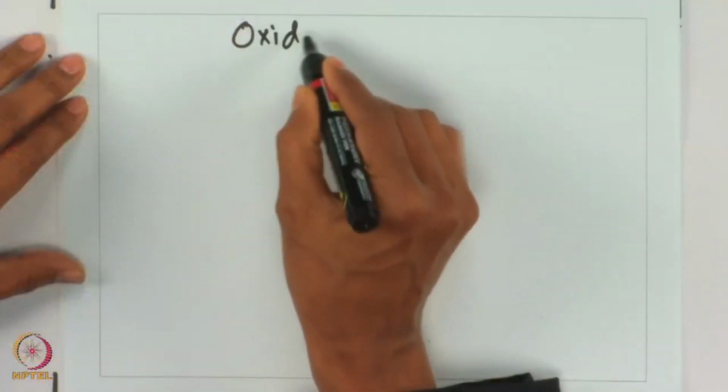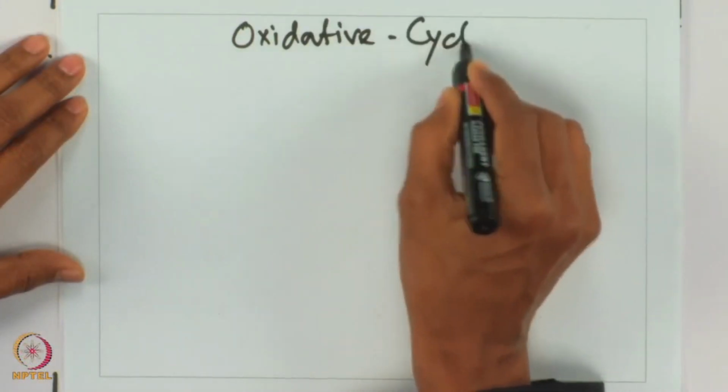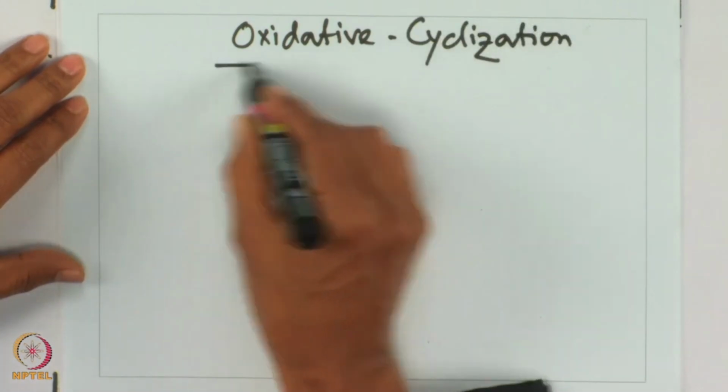Let us look at the oxidative cyclization and discuss more on that right now. So, we are going to discuss oxidative cyclization in the process of doing these transformations.